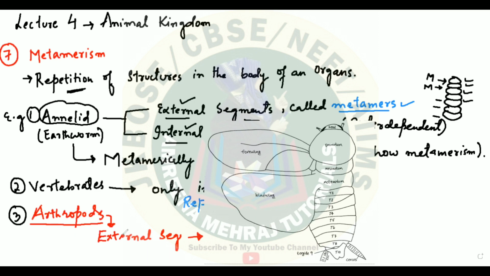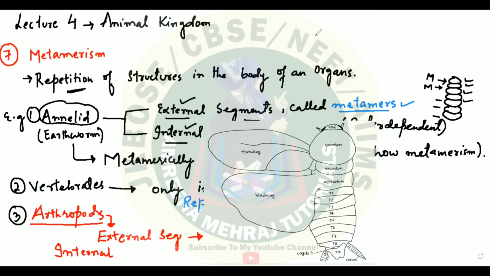So we are here able to conclude that arthropods show what? External segmentation. The body of an insect will be having a prothoracic, a mesothoracic, and a metathoracic. We will have a segmentation like this present in the arthropods. But if we look at the internal structure, internally in arthropods, there will be no segmentation.